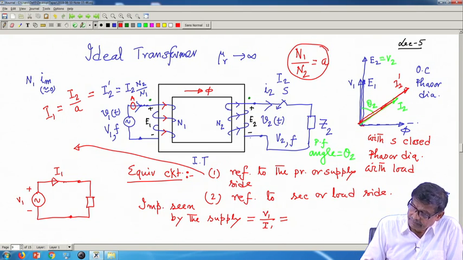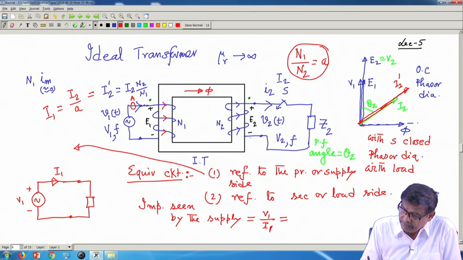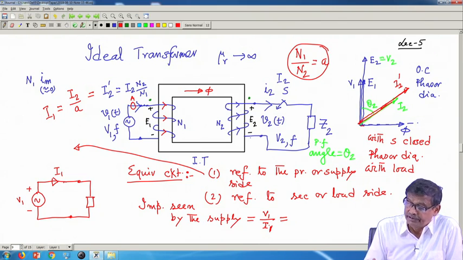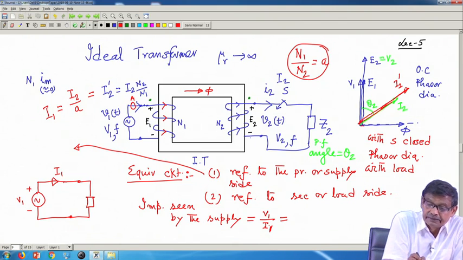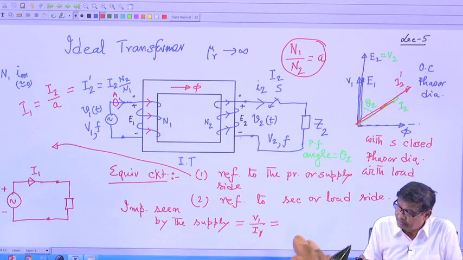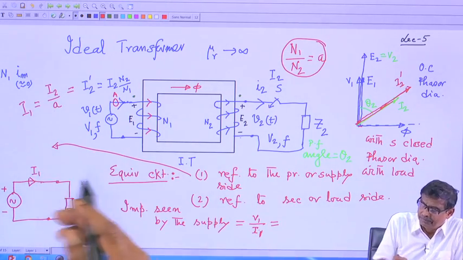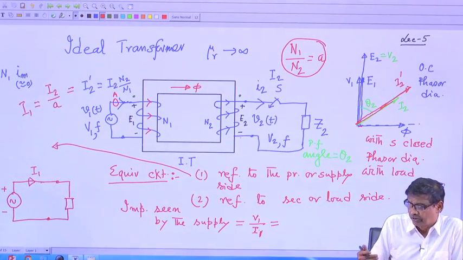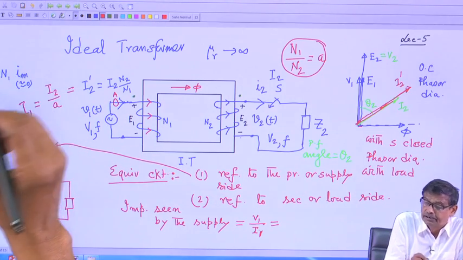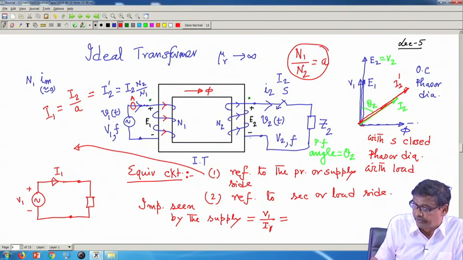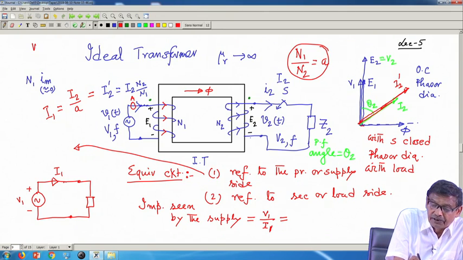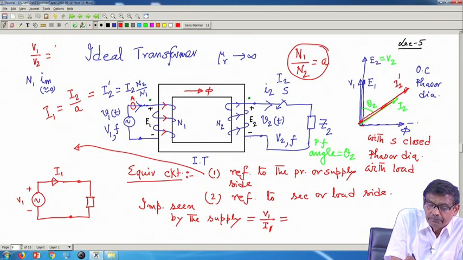Now, it will be easier for me to establish this important relationship for V1 by I1. I know that V1 by V2 is equal to N1 by N2, which is equal to a.